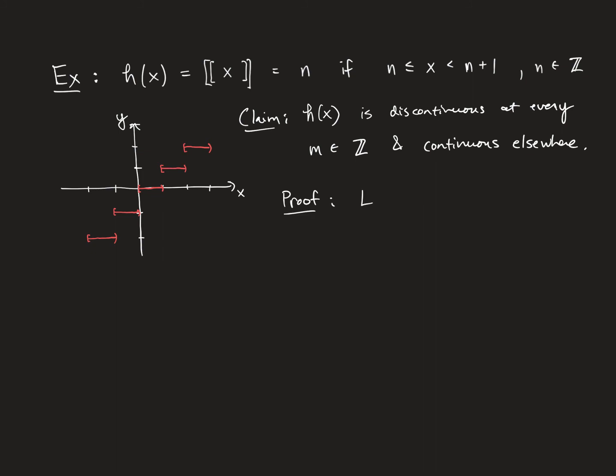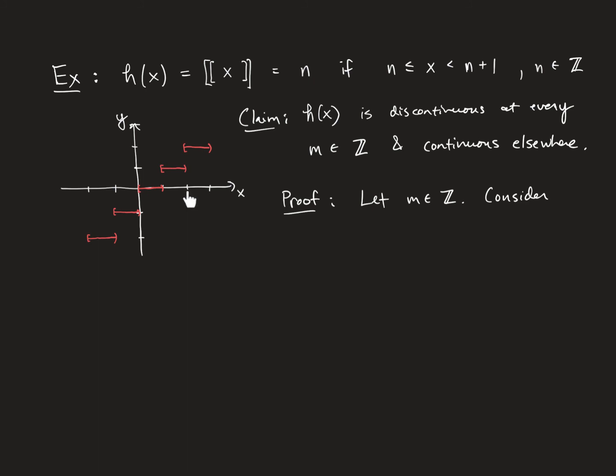So to see that, just let m be in Z. To show something's discontinuous, we'll just find two sequences that approach that thing such that the function value sequences along there are different. The limits are different. So we'll consider a sequence, right?